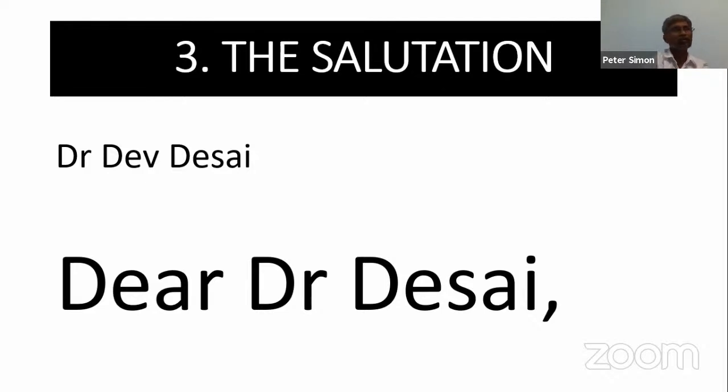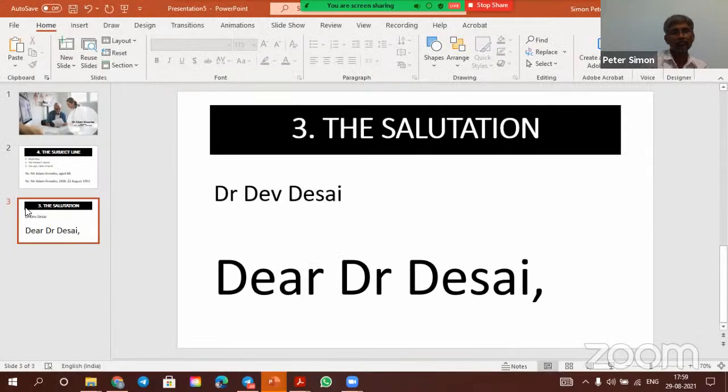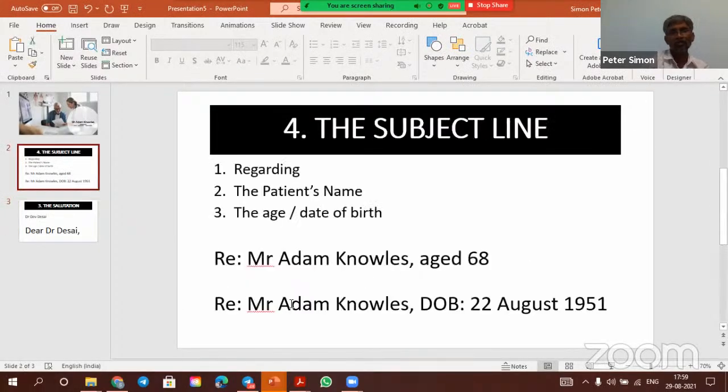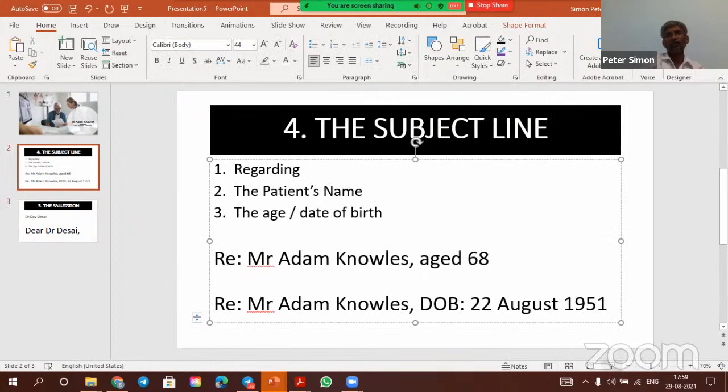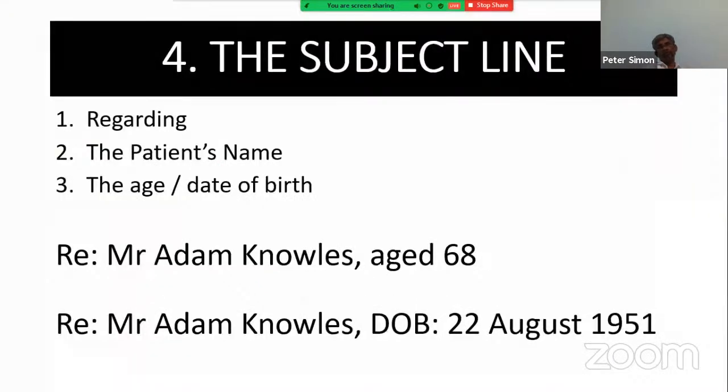Then Mrs., MRS. Fine. Here also you see Mr. is there. Mr. Adam Knowles. So you don't know his profession and you know him by the name because his profession is not important here. So we just ignore all the other things and just write Mr.